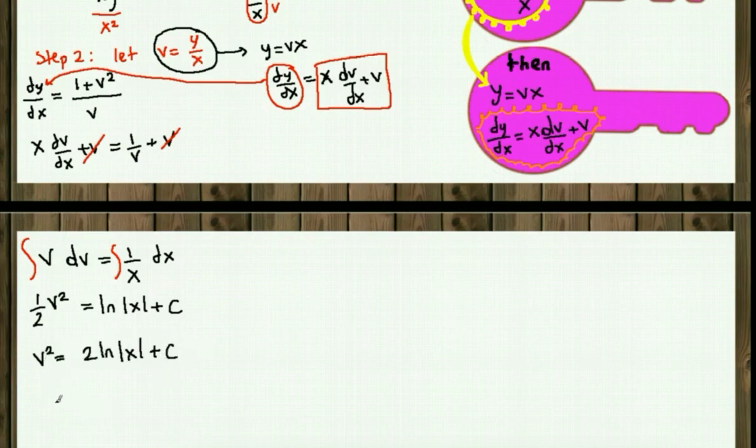And if you square root both sides, v equals plus or minus square root of 2 ln of x plus c. Actually, we need to bring v back.